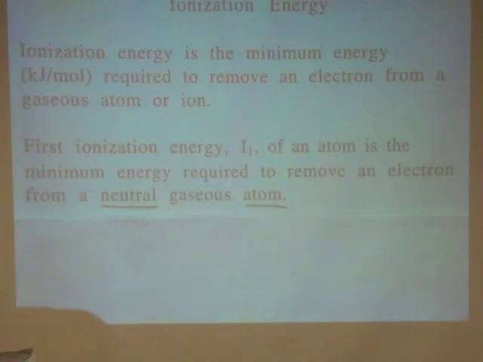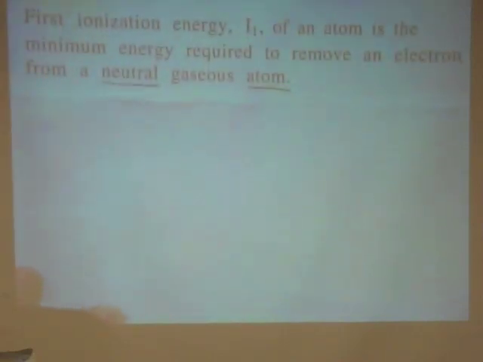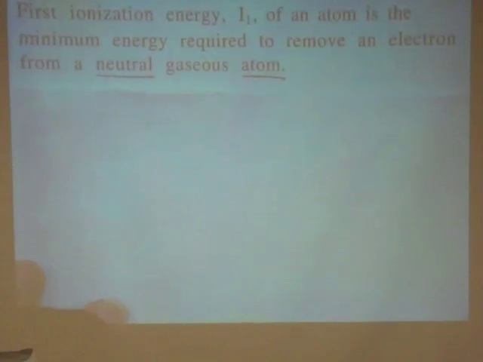And in terms of energy and the Aufbau principle, it's going to be the electron that makes that atom or element unique from the atom or element that it neighbors on the periodic table. I'm not talking about taking away core electrons here.